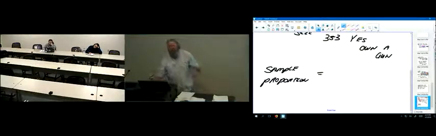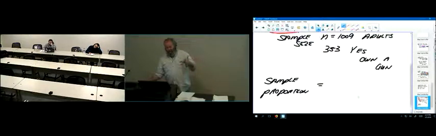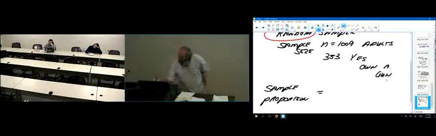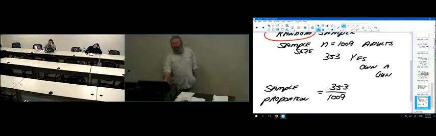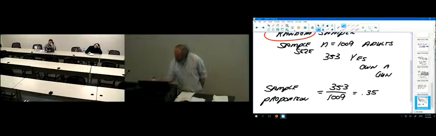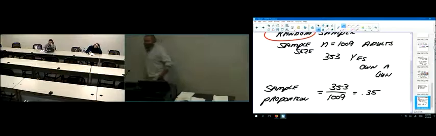So the proportion in your sample that said yes, someone in the household owns a gun, is 353 that own a gun out of the total sample size of 1,009. You pull the calculator out. I'm trusting the book. The 353 divided by 1,009 gives me a proportion of 0.35.